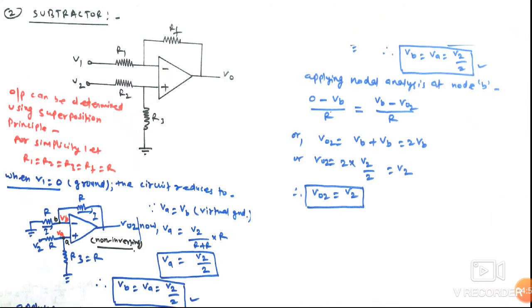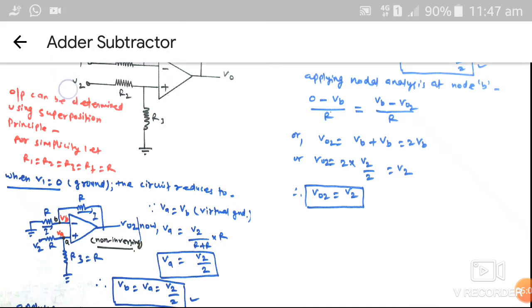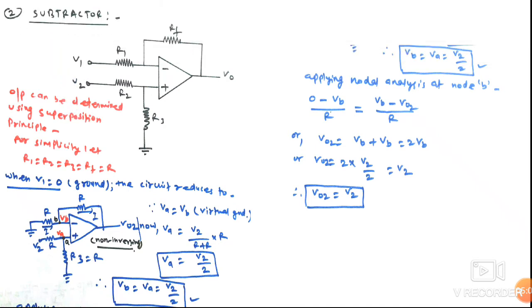Now the subtractor circuit. In this subtractor, the operational amplifier is used in difference mode, that is, separate voltage sources are connected at the inverting terminal and at the non-inverting terminal. There is again a feedback resistor Rf.